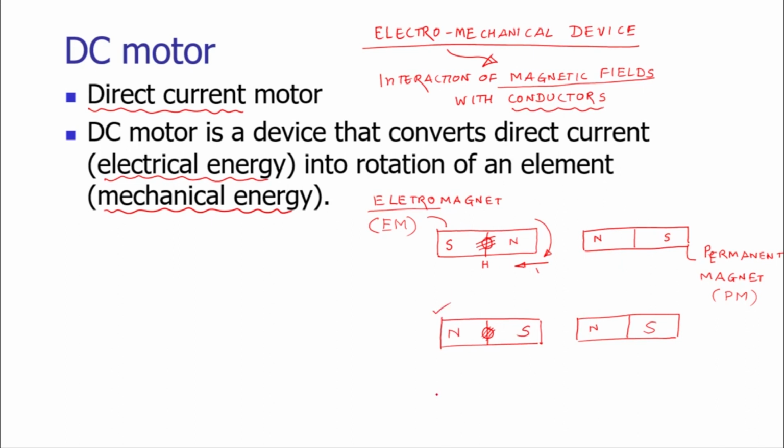Now, if I change the polarity of supply of electricity to this electromagnet, the south pole will be converted into north pole and the north pole will be converted into south pole. Due to the change in polarity, again we are getting two similar poles near to each other.